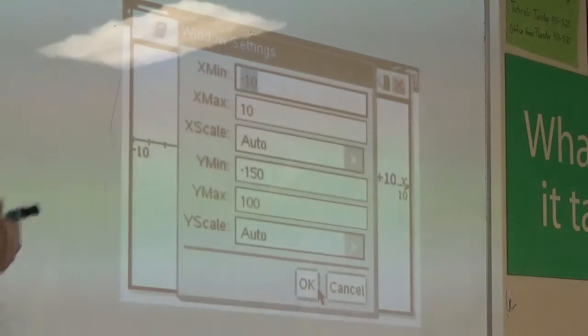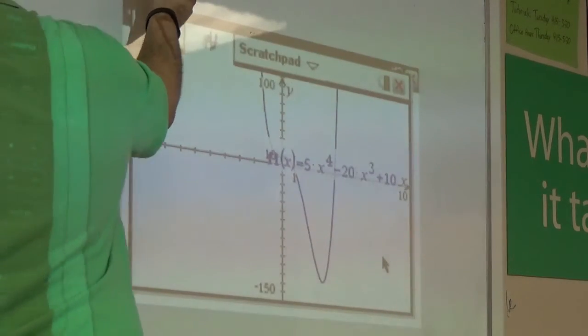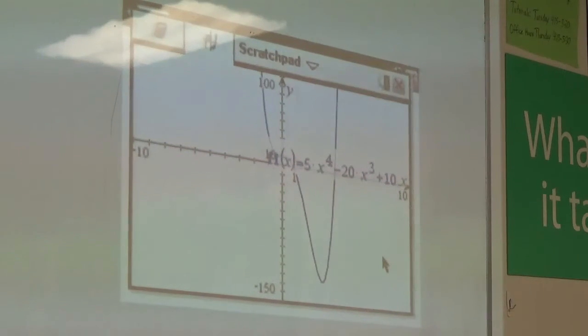Okay, so the question is, where is f concave up? What I'm interested in hearing is, if this is the graph of f prime, how do you use the graph of f prime to figure out where f is concave up? What do you know? Check your notes.